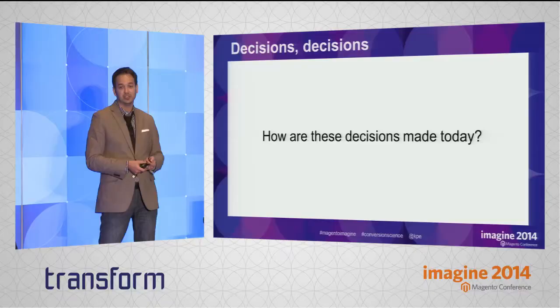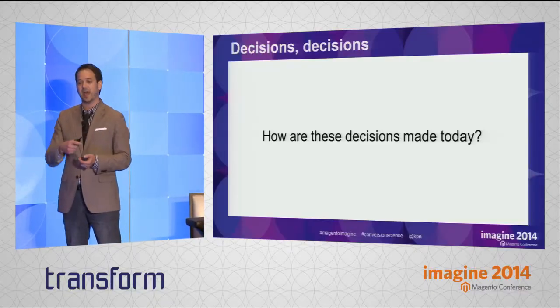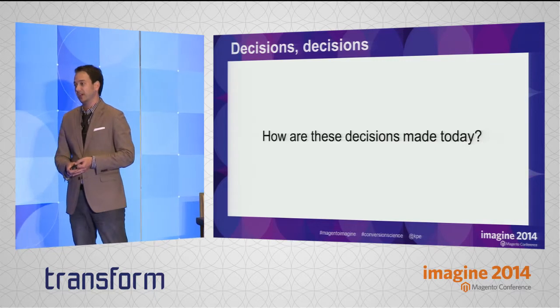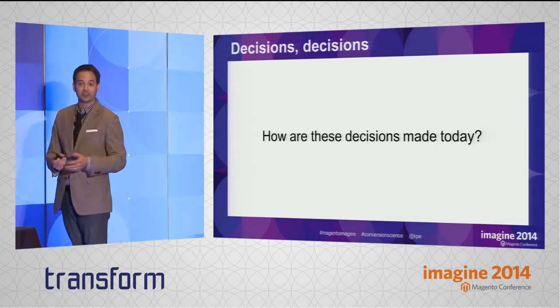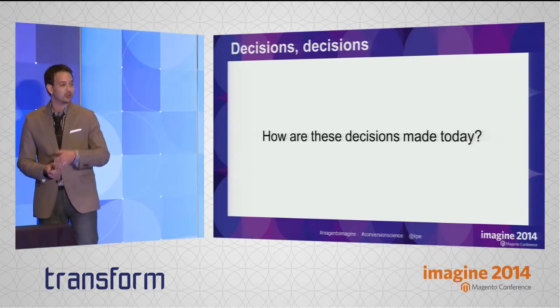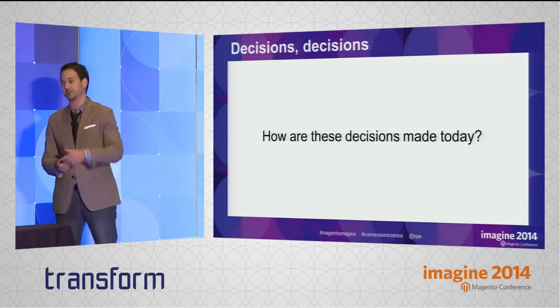We deal with a lot of companies selling products online every day, and I'm often exposed to the decision-making process about how companies make these decisions. I find a lot of consistency and a lot of patterns. I'm going to generalize a little bit; not everyone here is going to fall into this category. But ultimately, I see a lot of decisions made based on someone's opinion, something you learned at a conference that you took back and said, oh, we've got to do this. The HiPPO syndrome, which is the highest paid person's opinion, your boss that says, I want it to do this.